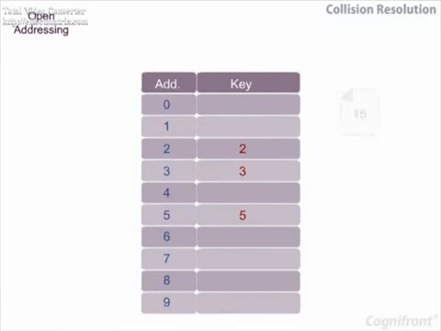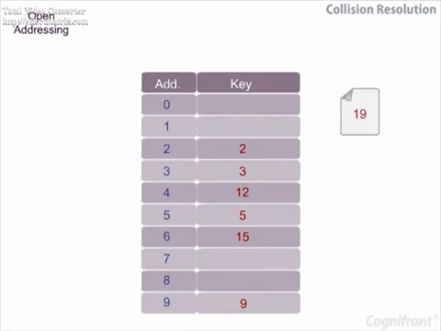Then 15 arrives, whose home position is occupied by 5. Since the next position is available, 15 is stored there. Next, 9 is stored with no problem, but 12 is stored in position 4, 2 positions from its home address.